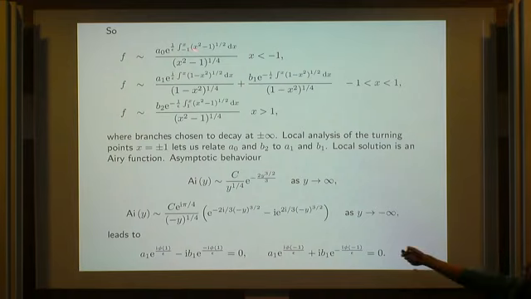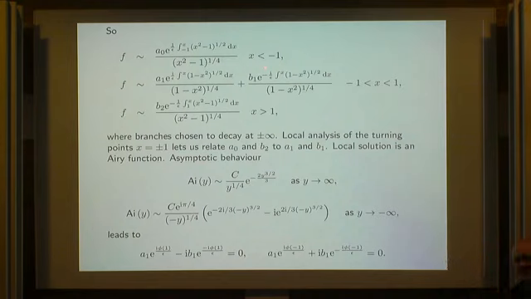And likewise at this end, I want the same thing but with a minus sign so that this decays as x goes to plus infinity. And then in between minus 1 and 1, I can have both of the oscillatory exponentials. So I've got a plus and a minus. And so each of these have got arbitrary coefficients.